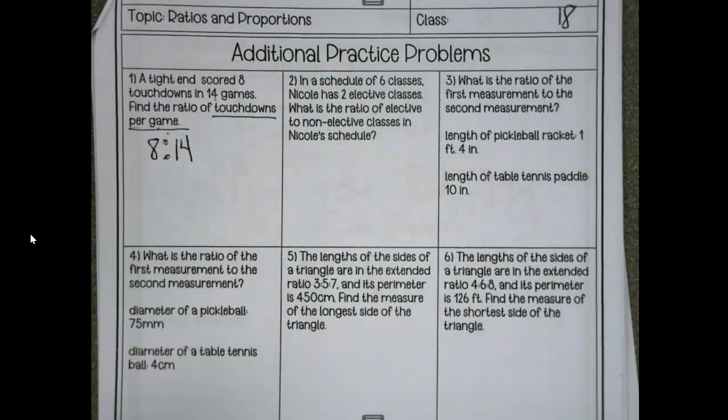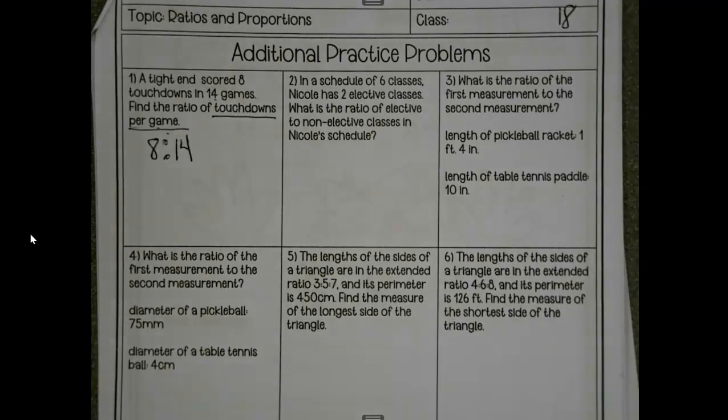Now you could put 8 to 14, 8 colon 14, but the question then becomes, and I forgot my calculator, so I'm going to grab one, can I simplify the fraction? Because we're always looking to do that if it's possible.